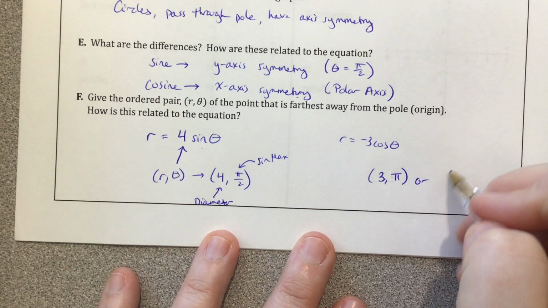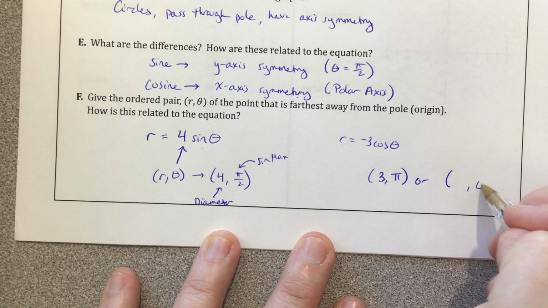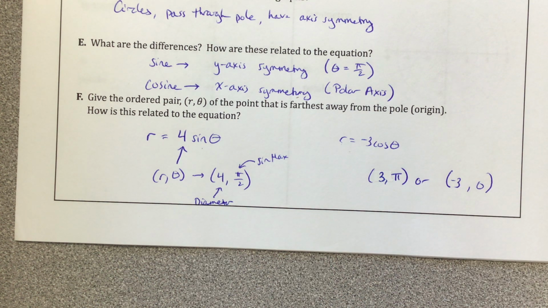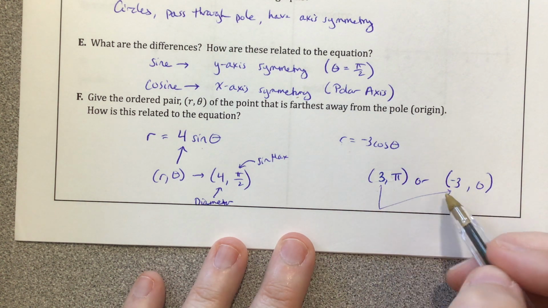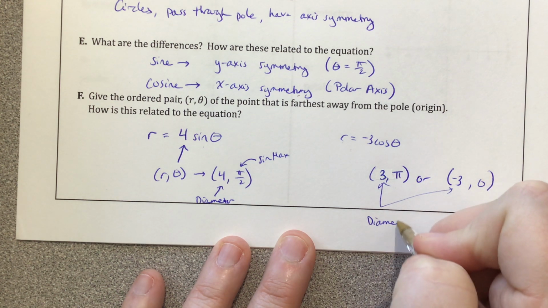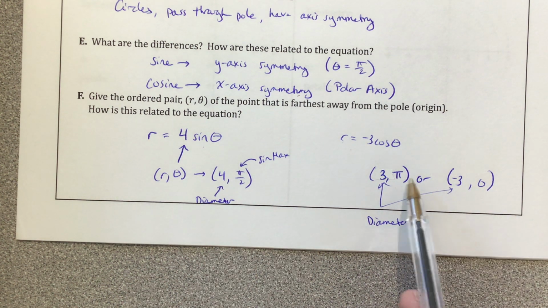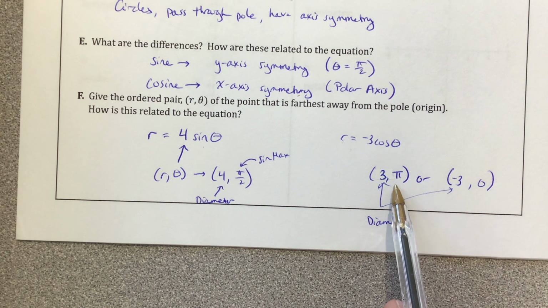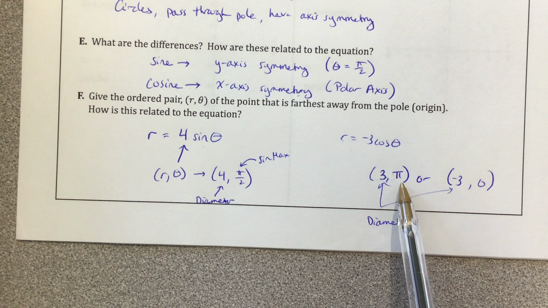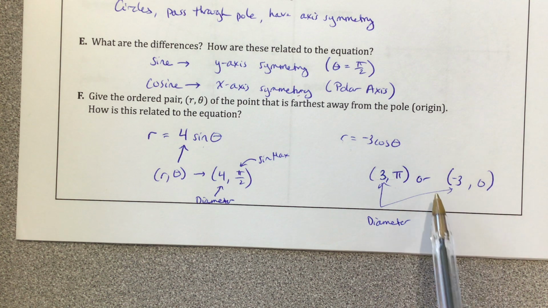So we could also think of it as angle 0 with a negative radius on the opposite side of the circle. So this 3 or -3, depending on which way we wrote it, indicates the diameter. Think also, pi or 0, that is where the cosine function in general has its maximum or minimum value, at the angle 0 or pi.